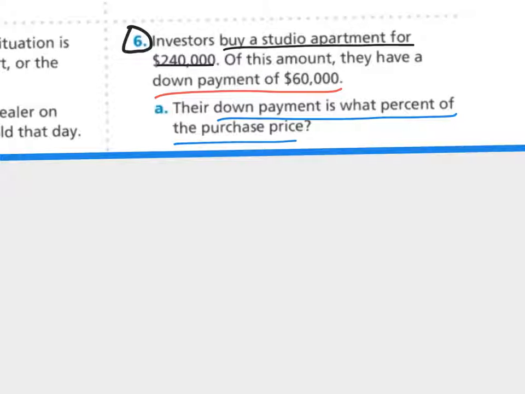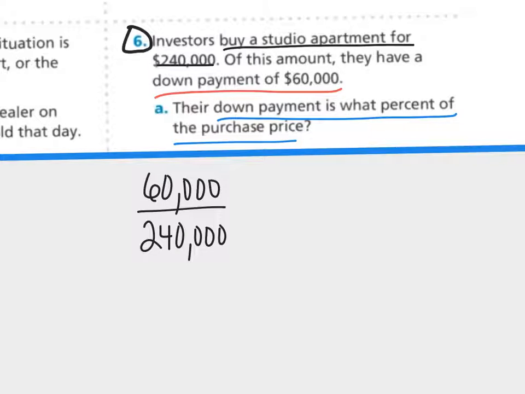So what you could do is look at what your part and your whole are. So in this case, the $60,000 is part of $240,000. If you want to do a proportion, you can. We're trying to find the percent. Percent's a number out of 100.